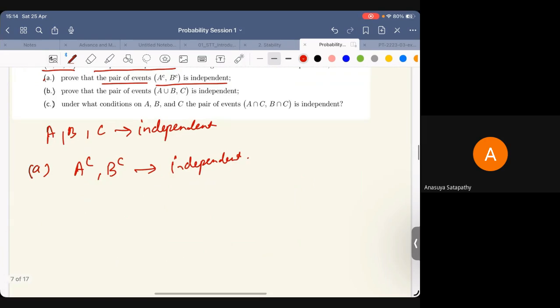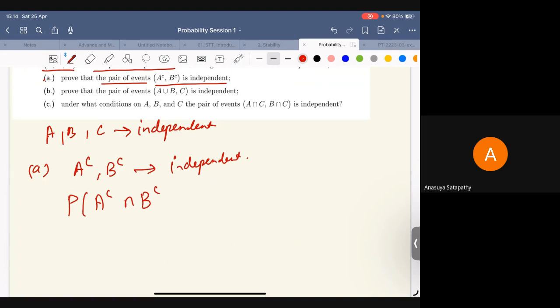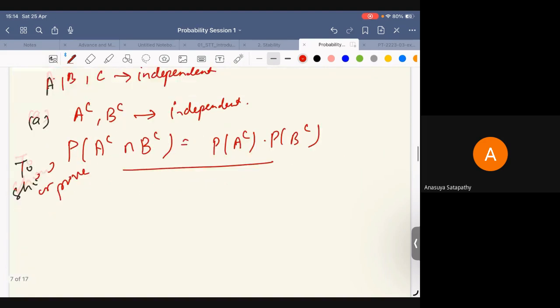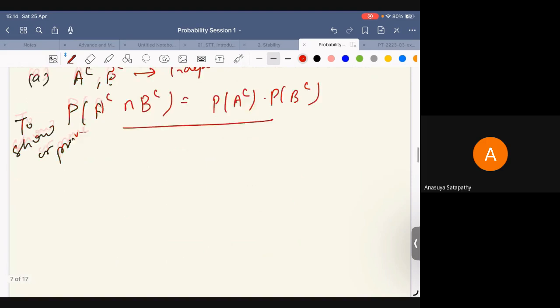That means we have to show that the probability of A complement intersection B complement is the probability of A complement times the probability of B complement. We have to show this, right? Okay, we have to prove this one. How will we prove it? Let's see.